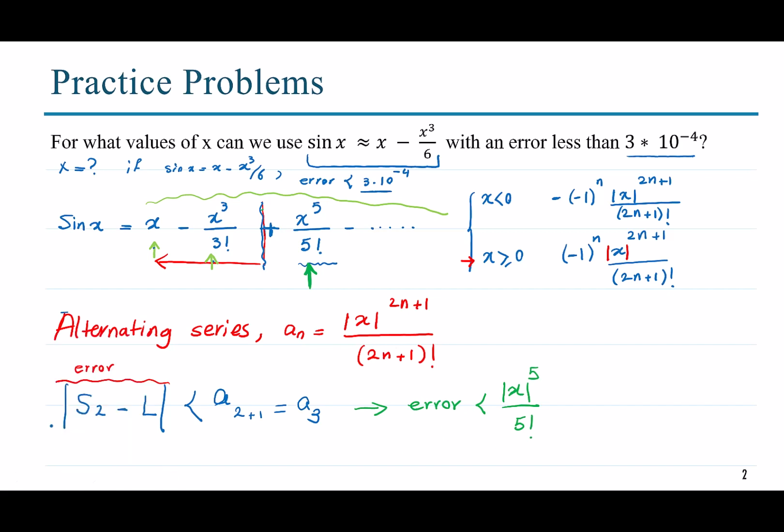And now in the question it says, what are the x's for which the error is less than this? So this is my error. If I want it to be less than this value, what are my x's?